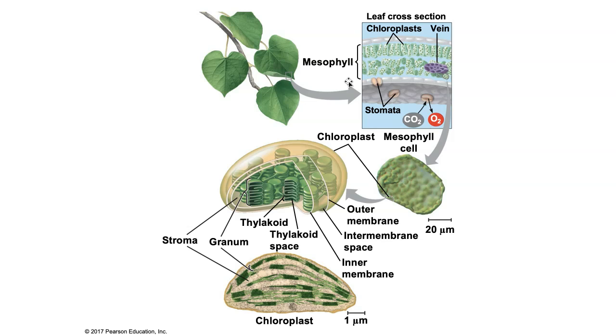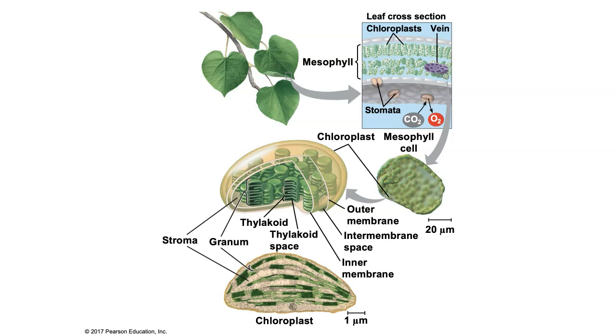And the carbon dioxide, which the cell needs as a reactant in their process, enters into a pore called a stomata. And then the oxygen that the plant creates as a byproduct also is able to leave out of that very same pore. And again, that's the stomata. So you see carbon dioxide entering and oxygen leaving.